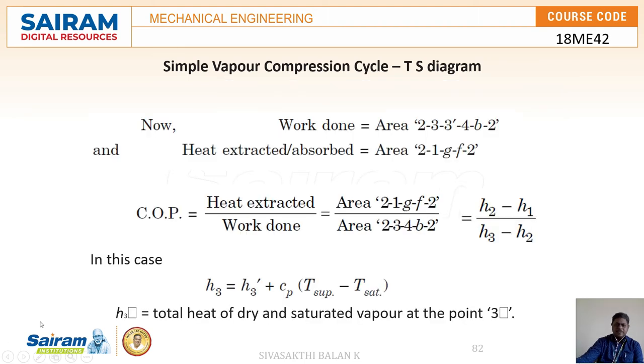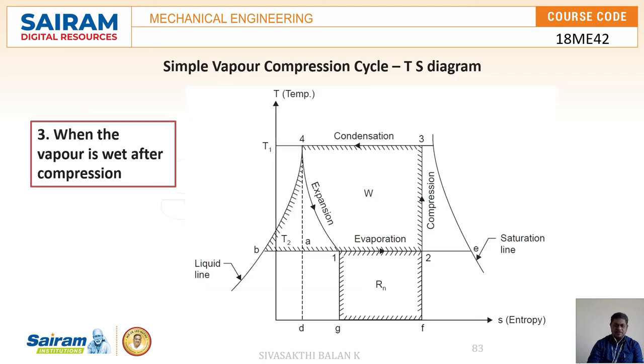For this condition, the COP is H2 minus H1 divided by H3 minus H2, where H1 is equal to H4 and H3 can be represented as H3 dash plus Cp into T superheated minus T saturation, per kilojoule per kilogram of refrigerant circulation. H3 dash is the total heat of dry saturated vapor at point 3 dash.